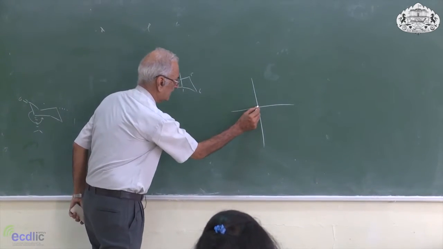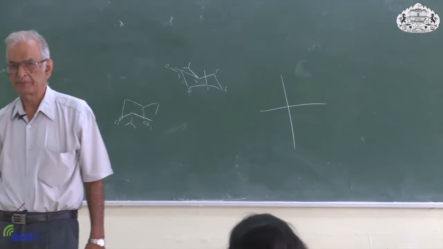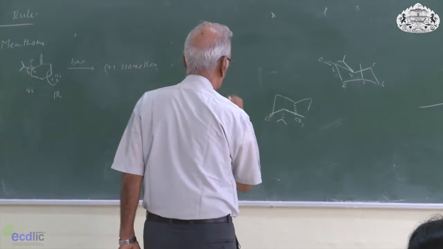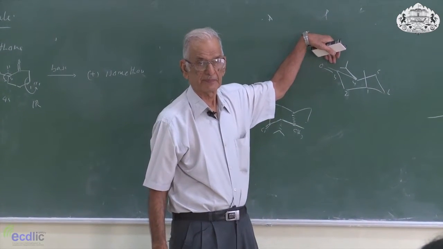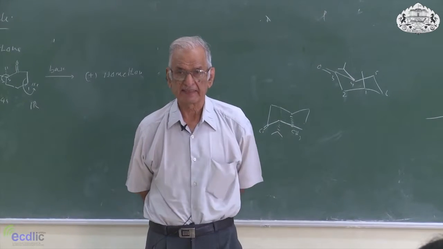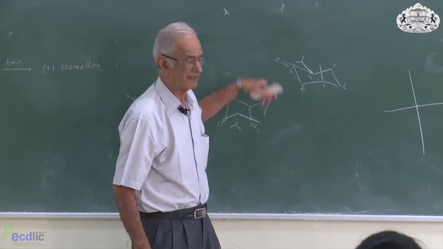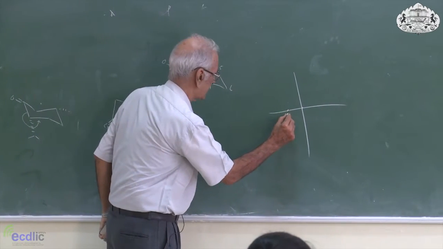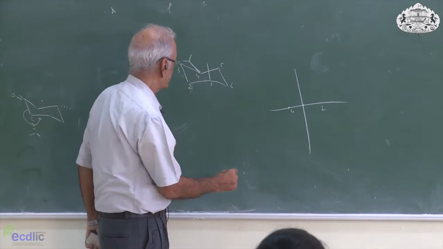Carbon number 3 will be at the center. Where should I write carbon number 4, left hand side or right hand side? Left hand side. We are always looking from here, please. So carbon number 4 is going to be on the left hand side, and carbon number 2 is going to be on the right hand side.